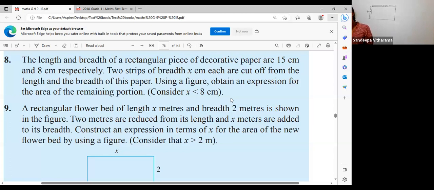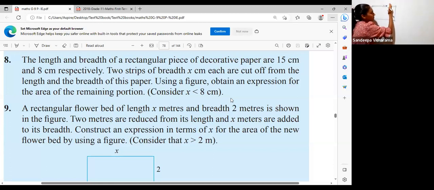Two strips of x centimeter each, small strips whose breadth is x centimeters. One is cut off and removed from the length. This is the length.